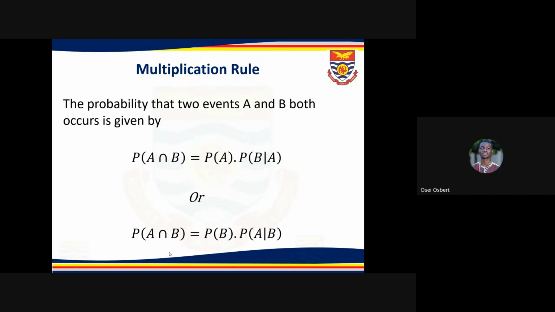Same as probability of A intersection B equals the probability of B times probability of A given that B has already occurred. This is what we call the multiplication rule. In essence, from the conditional probability, we just make the numerator the subject. So let's solve questions involving the multiplication rule.